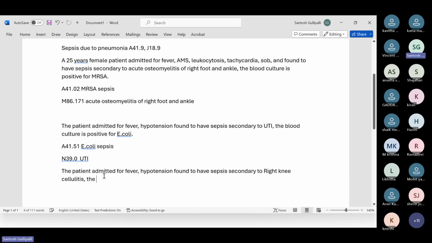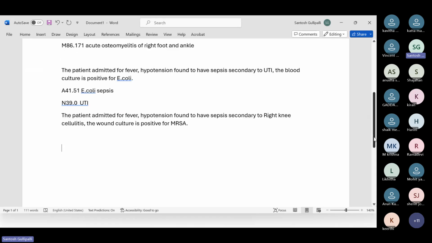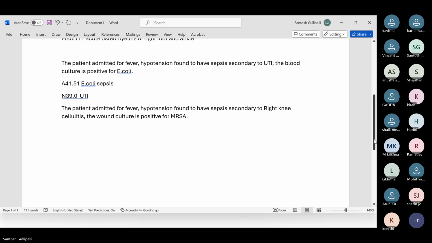The wound culture is positive for MRSA. Okay, so can you consider this as MRSA sepsis in this example?